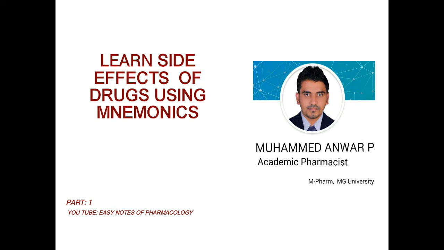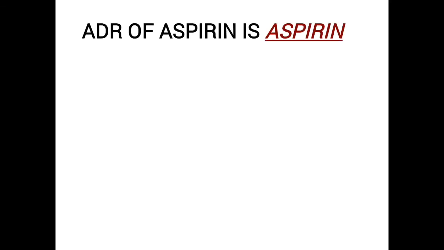So today, I have selected 5 most important drugs and their adverse drug reactions that can be remembered using a technique called mnemonics. You just need to remember the drug's name to recall the adverse drug reaction of the same drug. Clear? So we are going to the first slide, that is adverse drug reaction of aspirin.